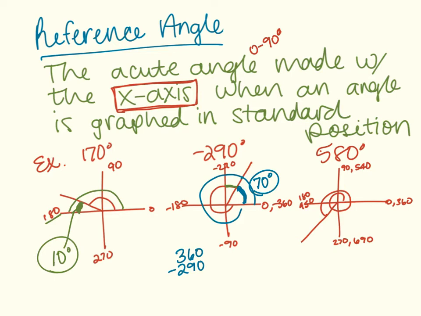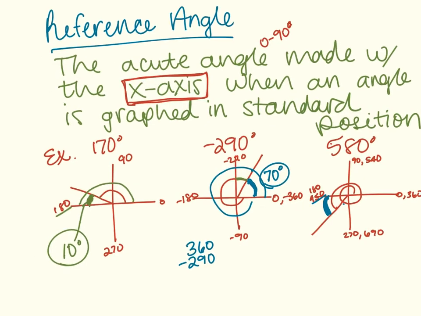For the last one, the angle of 580 degrees, our reference angle is again the angle made with the x-axis. It doesn't matter how many times we went around in circles before we graphed it. We care about this acute angle right here. We ran around once for 360, then went around again to 540.